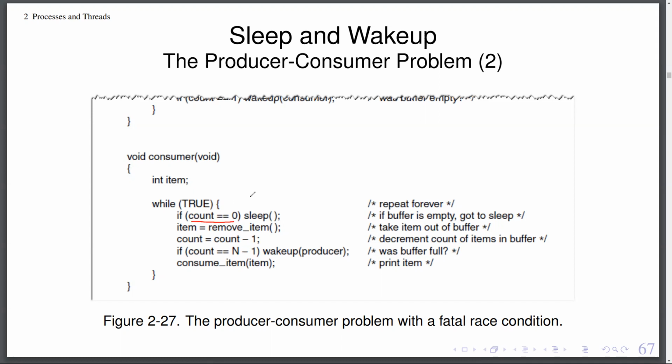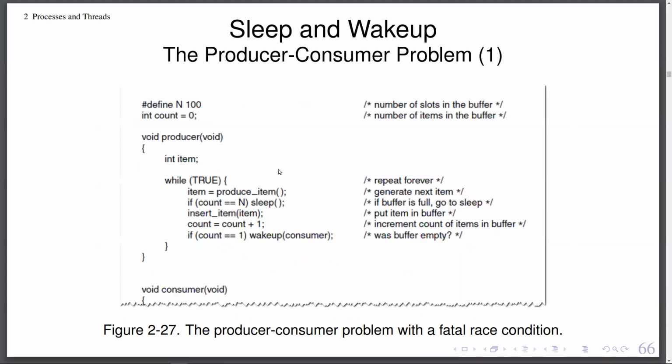So this check for count equals 0 is true. But right in between that check and then moving on to the execution of the function call to sleep, we could skip, and the CPU could be scheduling any other program it wants, and that could be the producer.